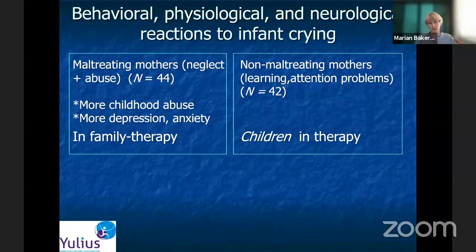And the other group were maltreating mothers, both neglect and abuse, that had in their past experienced more childhood abuse and more depression, currently reporting more depression and anxiety, but were otherwise comparable to the other group. So same socioeconomic status, same age of the children.